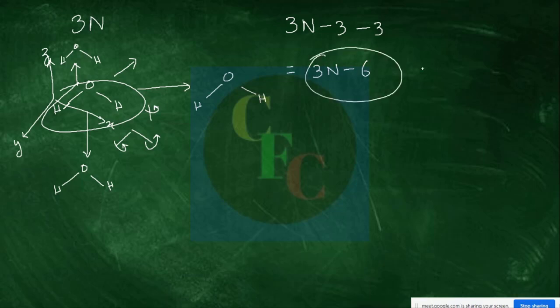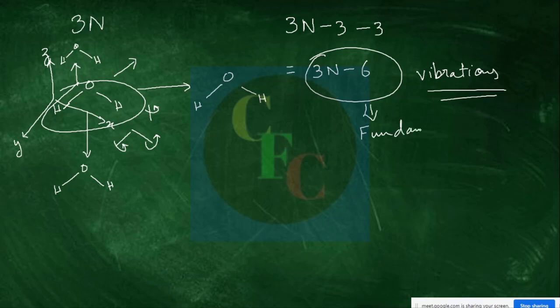These are actually for vibrations. So 3n minus 6 types of vibrations, these are fundamental vibrations. We are not talking about overtones, first and second overtones. So you are left with 3n minus 6 fundamental vibrations.